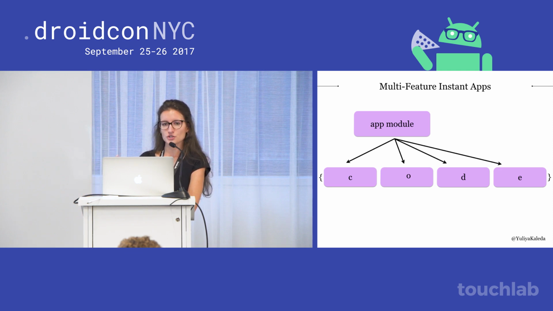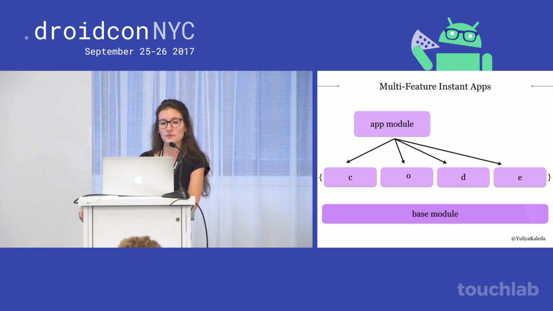So in order not to duplicate that stuff within the feature modules, we need to create a base module and then provide the dependency of the feature modules on the base module. So the base module, if you think about it, is just a shared repository of components that can be pulled by each individual feature module. It's the so-called shared repository or pool that will be useful for the feature modules.